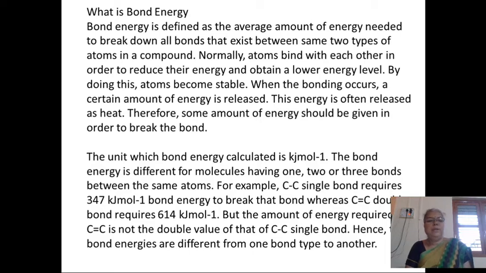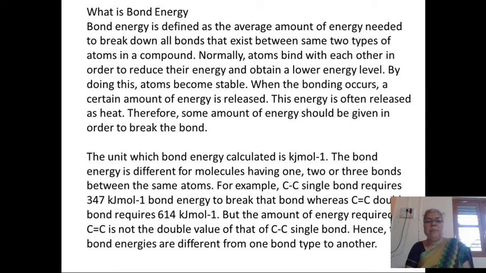The bond energy is different for molecules having 1, 2 or 3 bonds between the same atoms. For example, a carbon-carbon single bond requires 347 kilojoule per mole of bond energy to break that bond, whereas a carbon double bond carbon requires 614 kilojoule per mole.